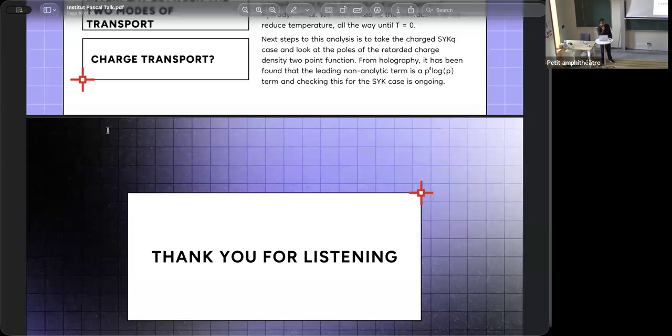It's AdS2 cross R2, I think, for an AdS4 black hole. And they're basically taking that as a setup and using that to calculate quantities that are relevant.